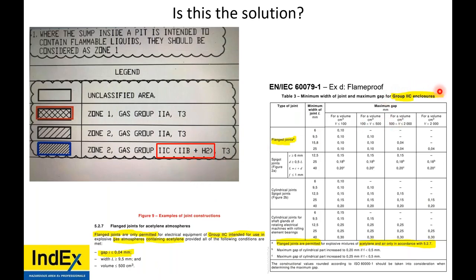Here's the point that I was mentioning for 2C gas groups. For Ex d with flange type, there are restrictions on it. They're only permitted with a very tight gap tolerance of 0.04 millimeters.